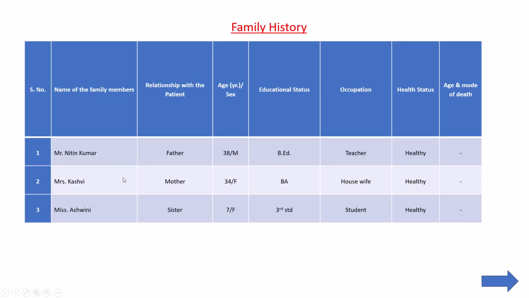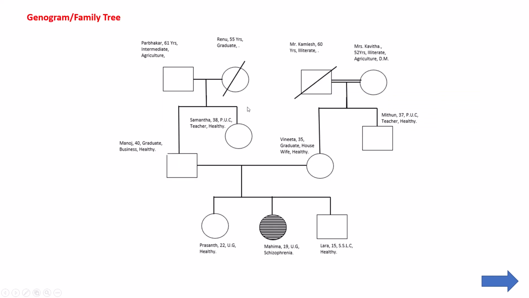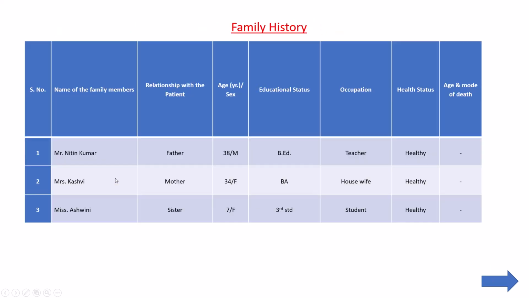Then family history. One is a table we have to mention, another is a tree, which we call a genogram or family tree. These two we have to mention. In the family tree: name of the family members, relation with the patient, age, sex, educational status, occupation, health status, age and mode of death.